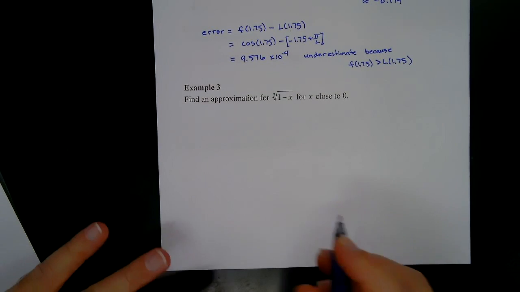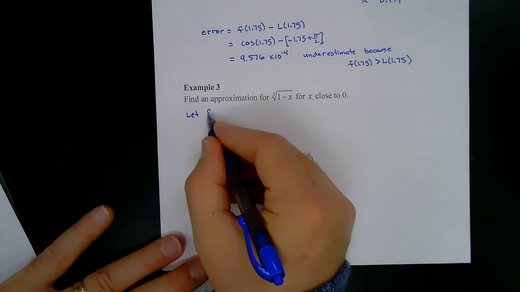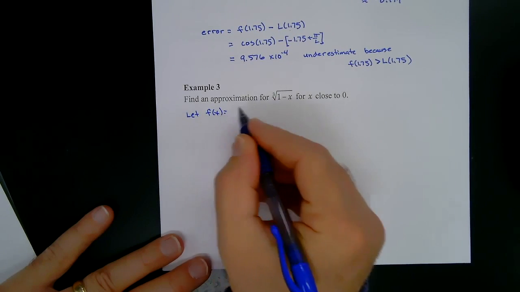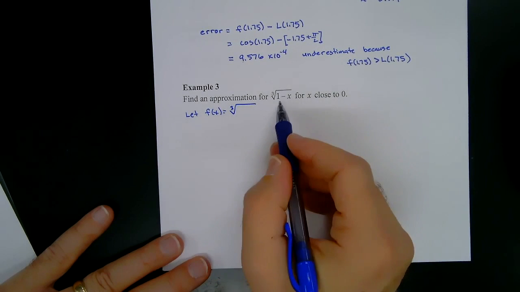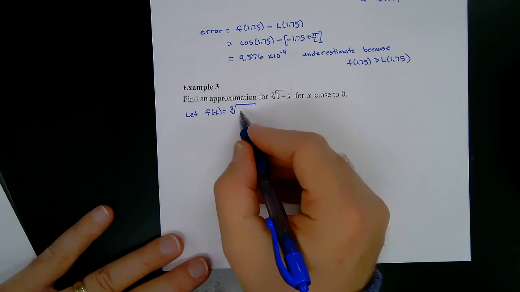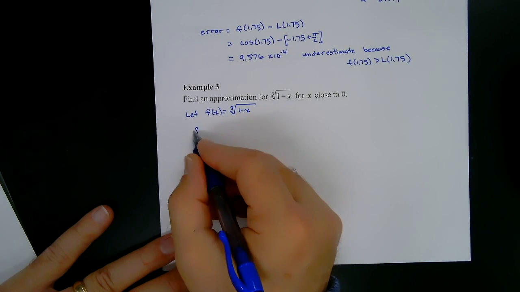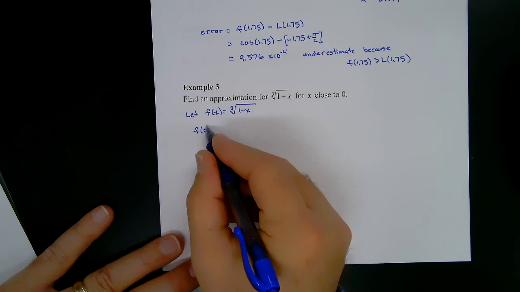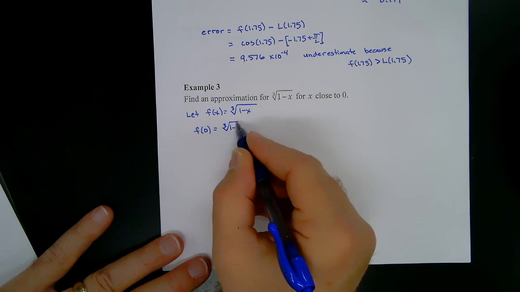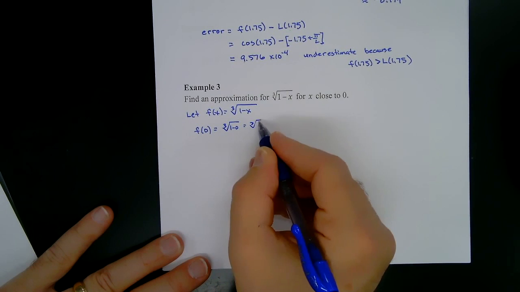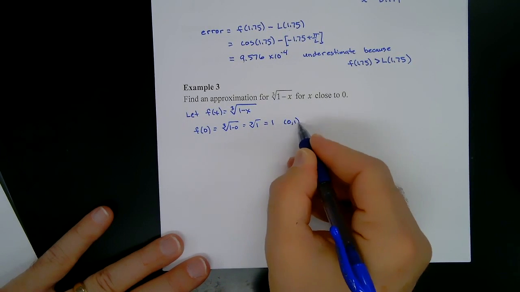So we want to let f of x be this function, the cube root of 1 minus x. So we want to find f of 0. That would be the cube root of 1 minus 0, which is the cube root of 1, and the cube root of 1 is just 1. So my point is (0, 1).